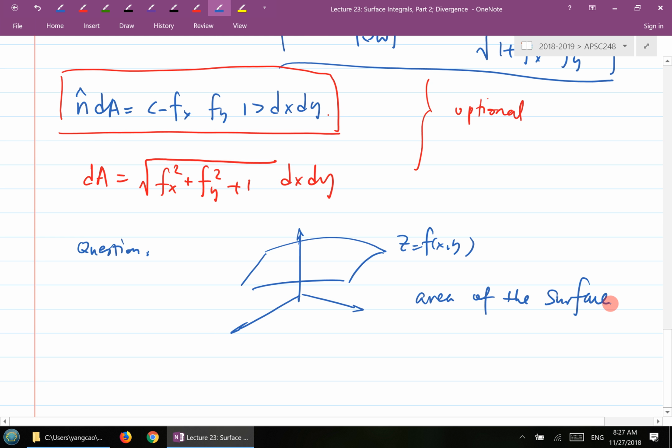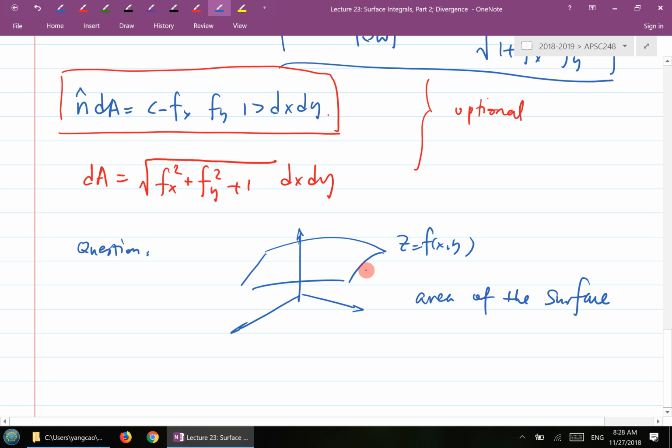Now if this surface is in the xy plane, that's a typical formula we did in the double integral, right? If I have a surface, let's say a circle or a patch of whatever shape in the xy plane, you use a double integral over the region R, and then you get the area of the surface.